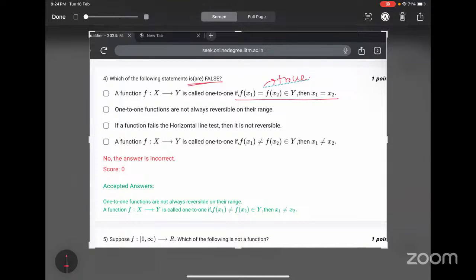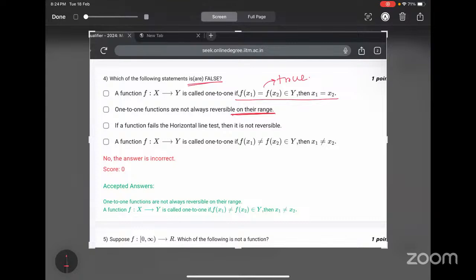What do you think about it? This is not correct, because we have "on their range." If it were on their codomain, then there was a chance that the function might not be onto. But we have the range here, which means every element in the range should have a pre-image.